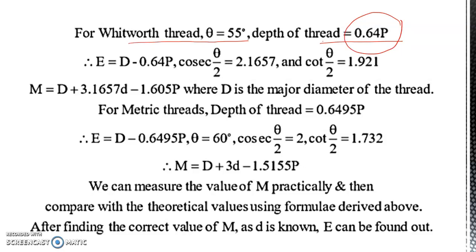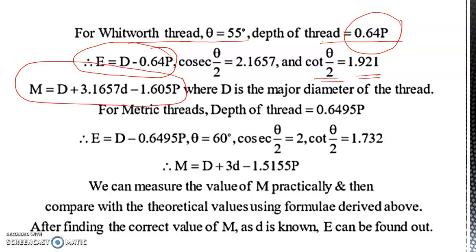The E can be calculated as d minus 0.64 pitch, and the values for cosec theta by 2 and cot theta by 2 can be calculated and substituted to give the simplified equation for m as 3.1657d minus 1.605p. In a similar way, we can have the equation for the metric thread as m equal to 3d minus 1.5155p.